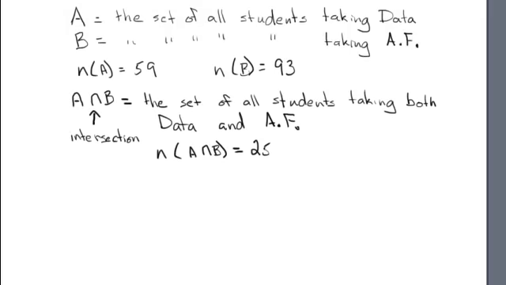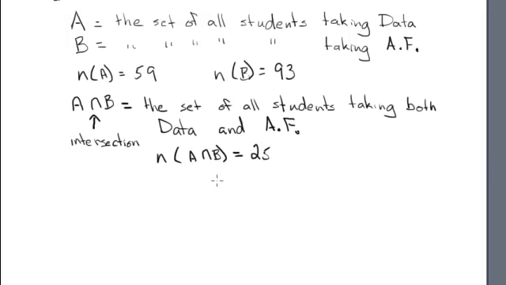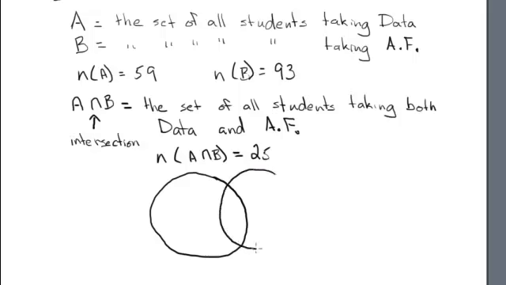So now we want to illustrate this situation with a Venn diagram. The way we're going to illustrate with a Venn diagram is we're just going to use two circles to illustrate the sets. This will be set A, and this will be set B. Notice there's now three parts to my diagram.